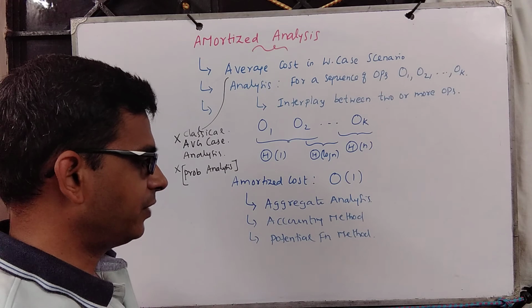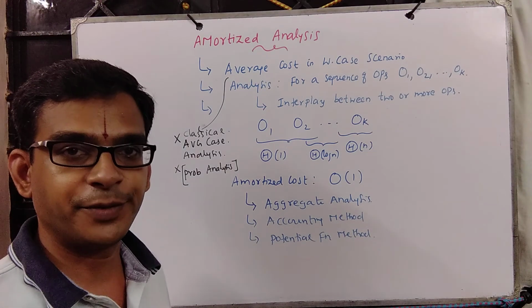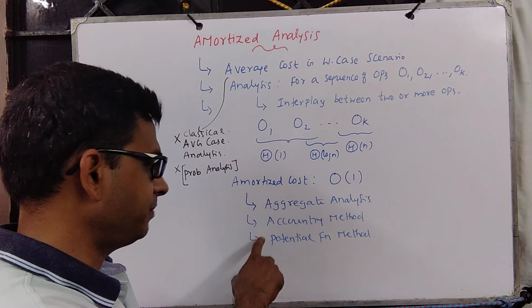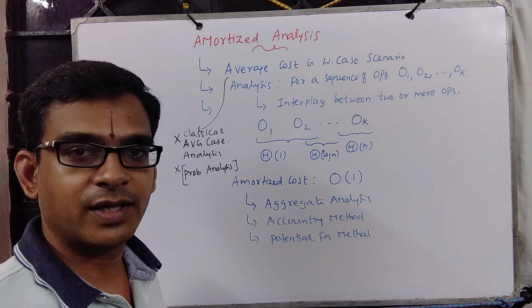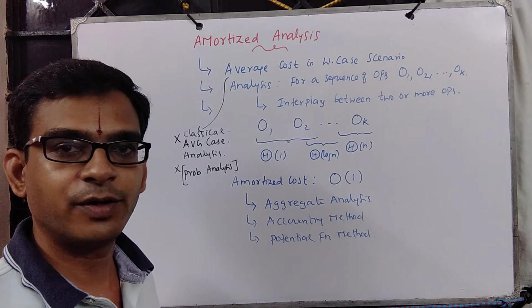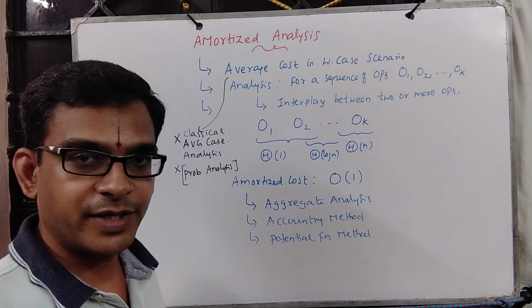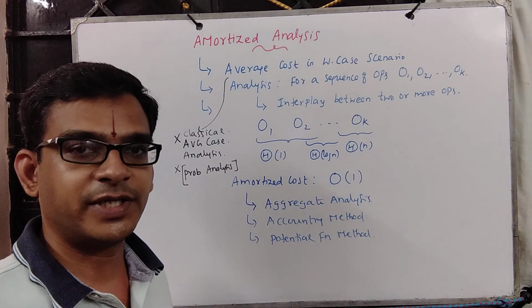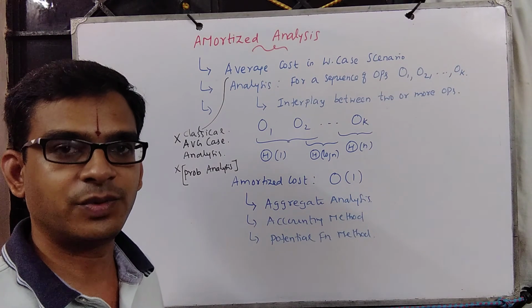So what we will do is we shall look at a couple of case studies so that you can appreciate each of them, and then once we look at standard case studies, we shall revisit the binomial heap and consider the sequence of operations like insert, merge, delete, decrease key and so on.